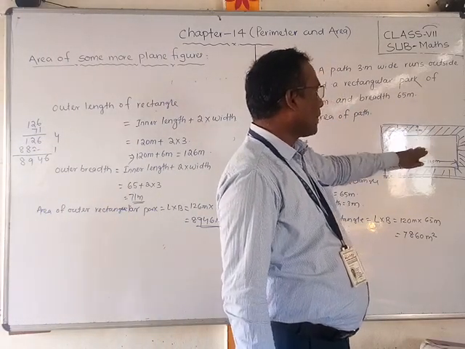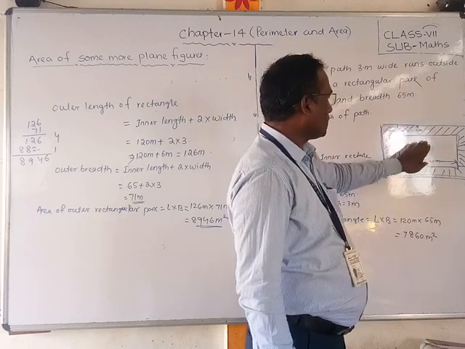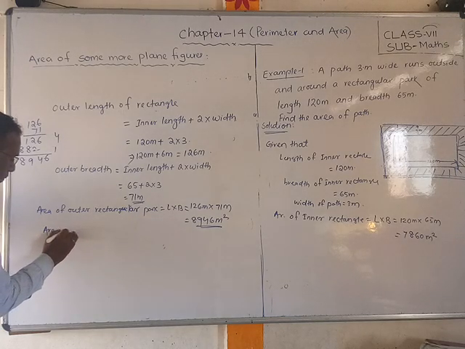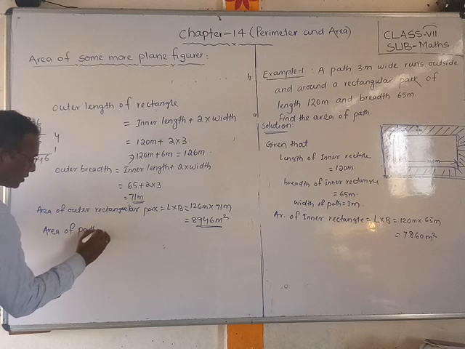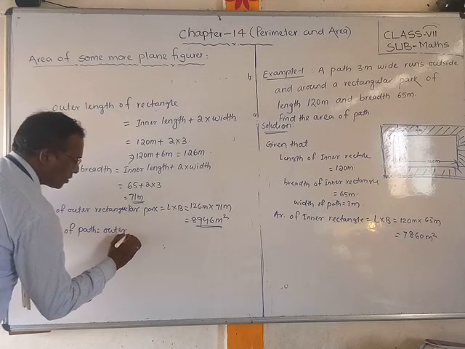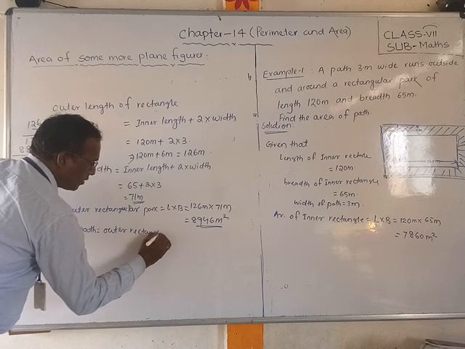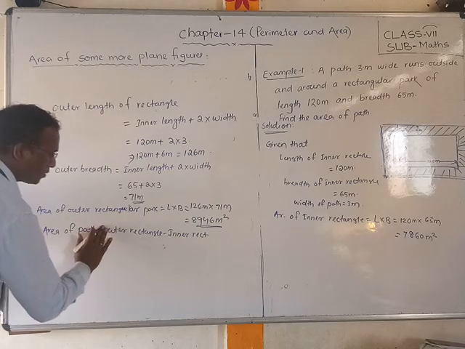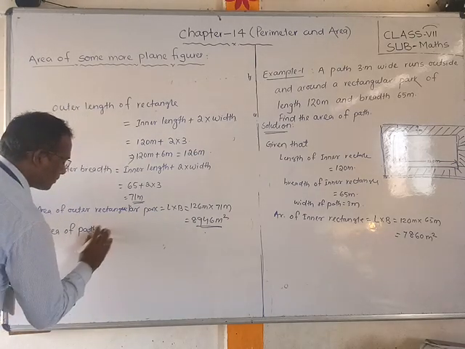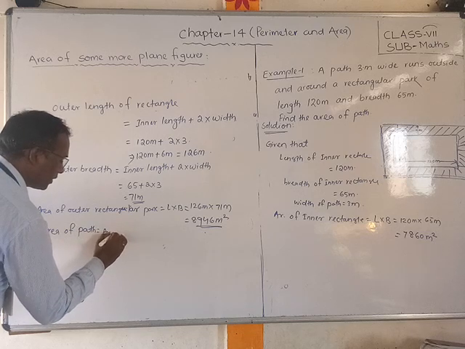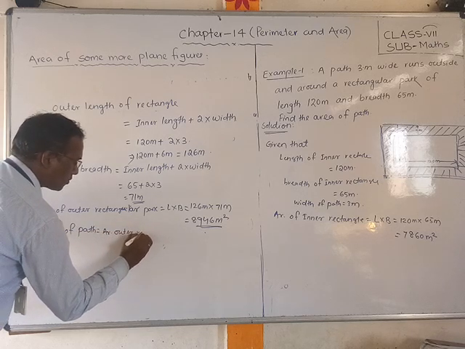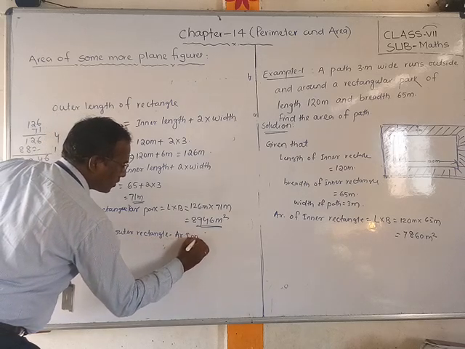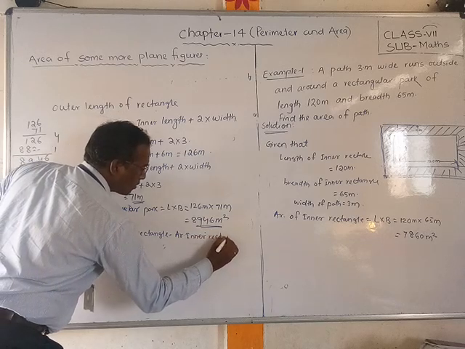So the area of the path is equal to the total field area minus the inner area. Okay, so area of path is equal to area of outer rectangle minus area of inner rectangle.